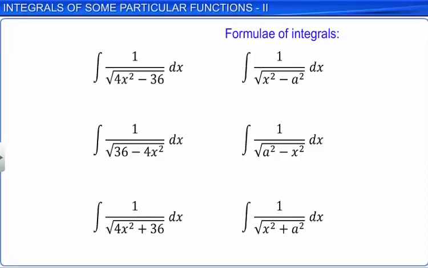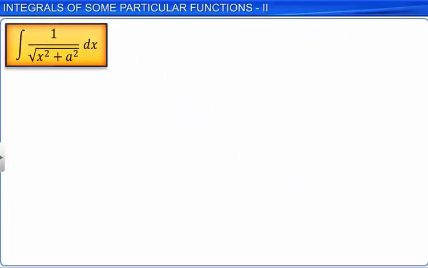Further, we will discuss some integrals in which the integrand can be expressed as 1 upon square root of x square plus a square. To find such integrals, we substitute x is equal to a tan theta. This implies that dx is equal to a into secant square theta d theta.